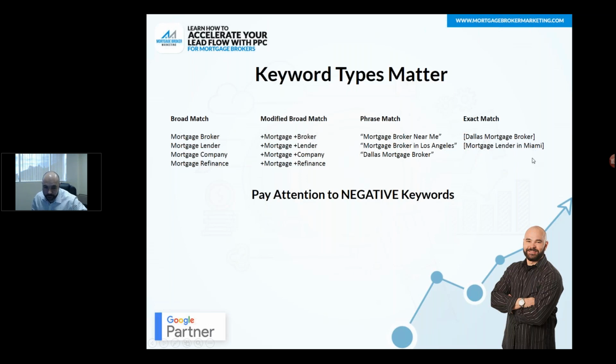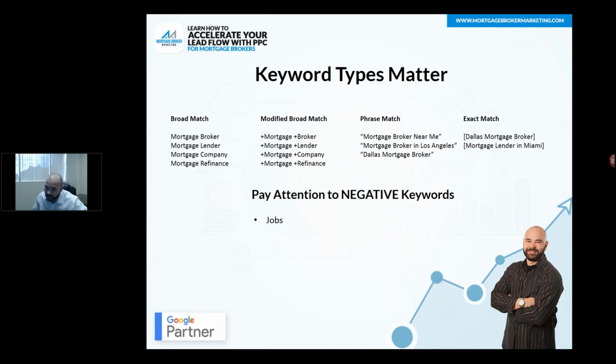And we have to pay attention to negative keywords. A negative keyword will keep your ad from showing if this keyword is in there. So you could be wanting to show up for mortgage broker.